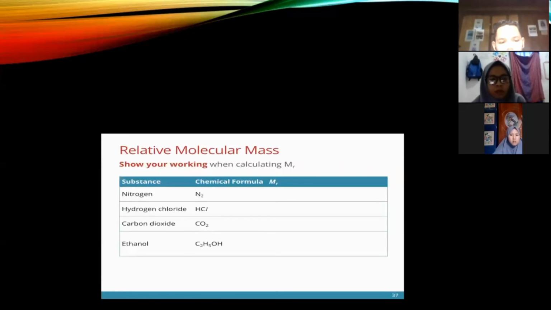For nitrogen, N2, there are 2 nitrogen atoms in the molecule. So when we calculate the Mr, we have to take 2 times 14, which is equal to 28. So 14 is the relative atomic mass of nitrogen. For hydrogen chloride, it will be 1 for hydrogen.